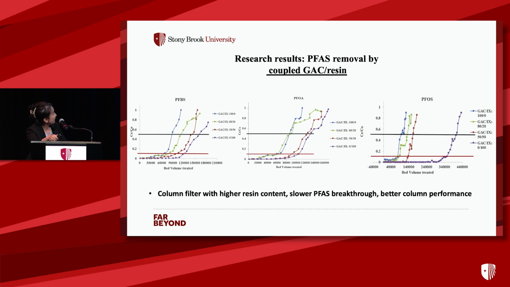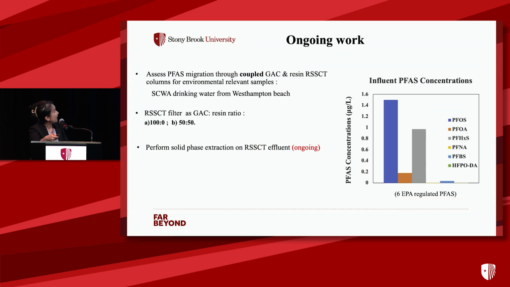As you can see clearly, as we increase the resin content in the coupled column filter, we observe slower PFAS breakthrough curves for all the PFBS, PFOA, and PFOS examined in this column. That indicates a better column performance for PFAS removal with a higher content of resin incorporated.